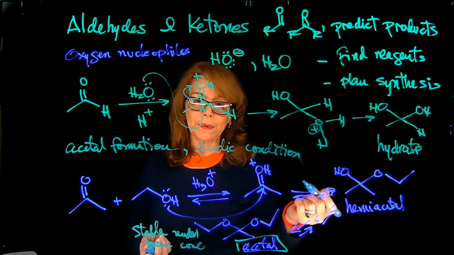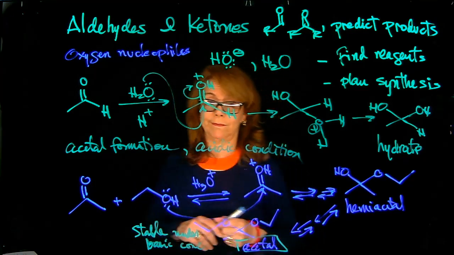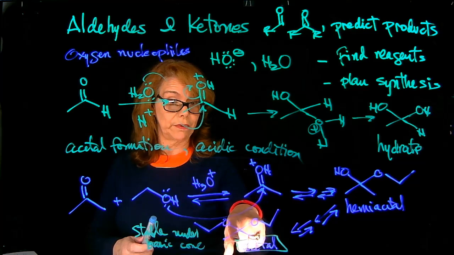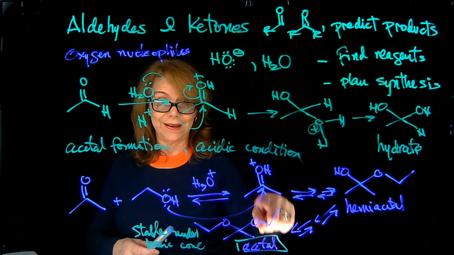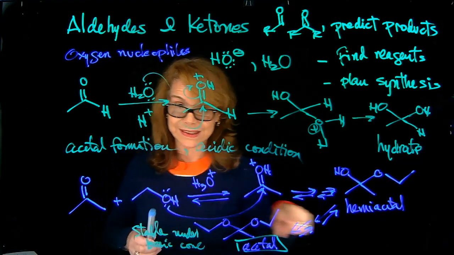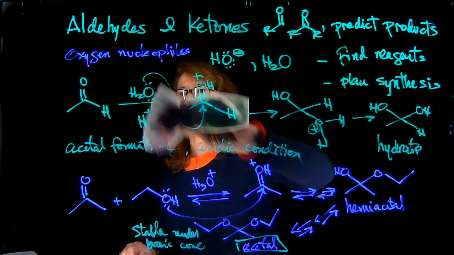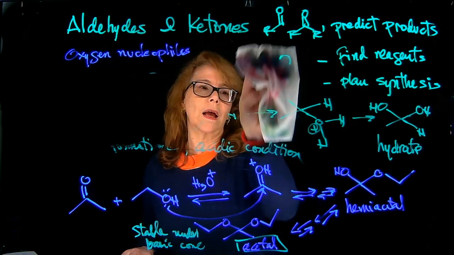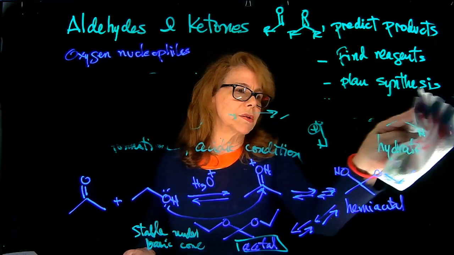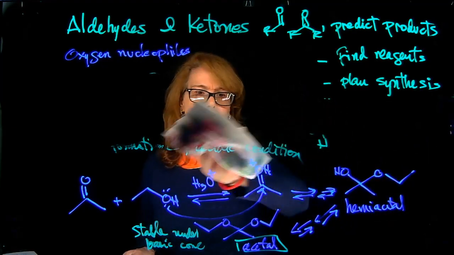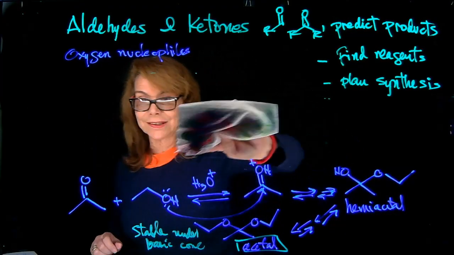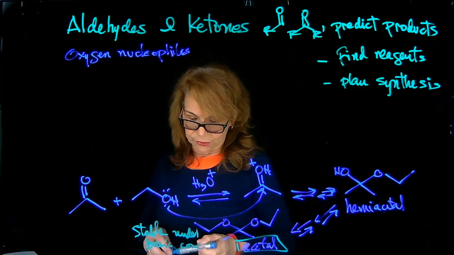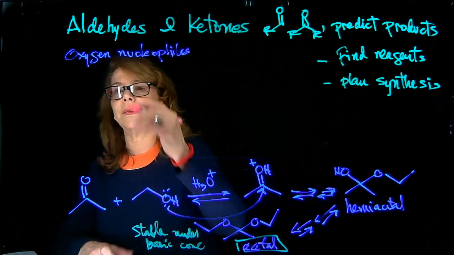So what that means is that you may have a reaction in which you need to say what is the product, and you have an acetal in acidic condition. Well, that will hydrolyze back to the carbonyl. So let's complete the whole process with the acetal, taking into consideration that the acetal is stable under basic condition and can hydrolyze back to the carbonyl under acidic conditions.